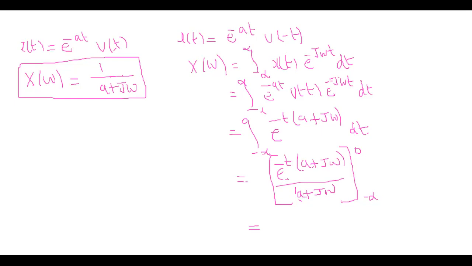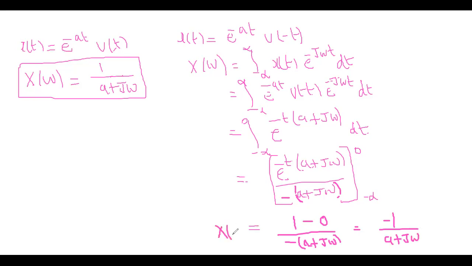Minus of it. Okay. So the upper limit 0 gives 1, minus the lower limit infinity gives 0, whole divided by minus of a plus j omega. That is equal to minus 1 by a plus j omega.